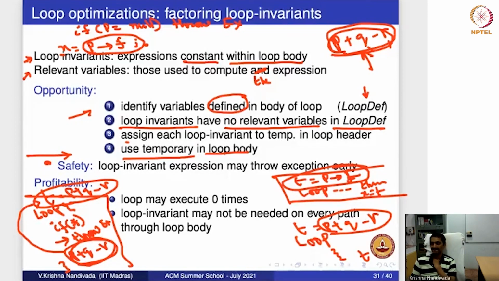Isn't it? Here I should have thrown a different exception. So do you see that in loop invariant code motion, when I'm moving the expression, I have to be careful that if there are exceptions that are thrown, I shouldn't move the code above naively like this? Does it make sense?